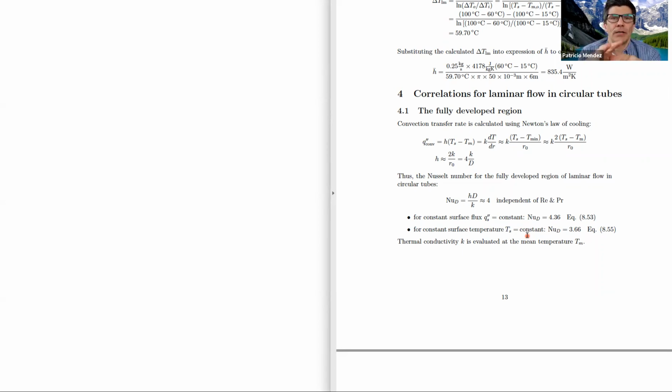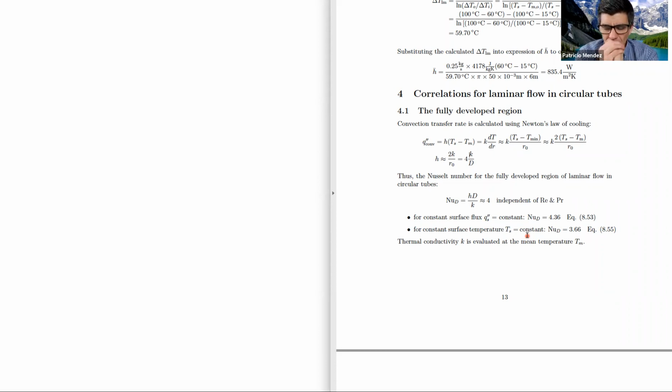When we did the semi-infinite solid, we came to the conclusion that for the constant surface temperature, we would have a coefficient that was square root of pi, more or less 1.77, times square root of alpha t for the heat penetration. And for the case of constant heat flux it was 1.15, right? And those 2 numbers are not the same, but are quite similar. We said, well, as a ballpark, we could say 1.5.